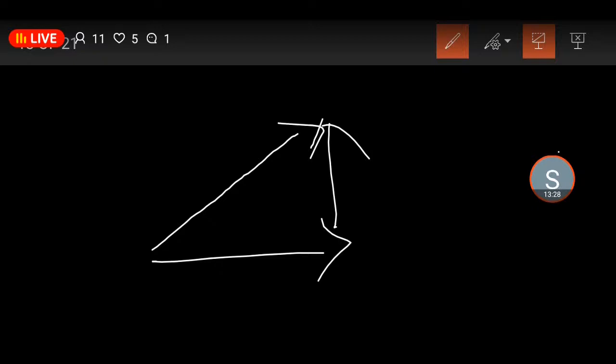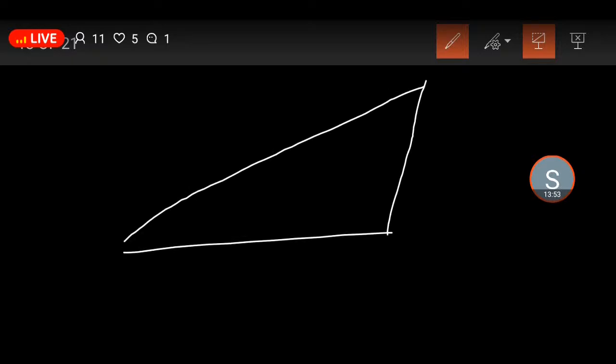When she moves from east to west, the angle is 53 degrees. So by this, one second, I'll draw something bigger. This is this, and this.